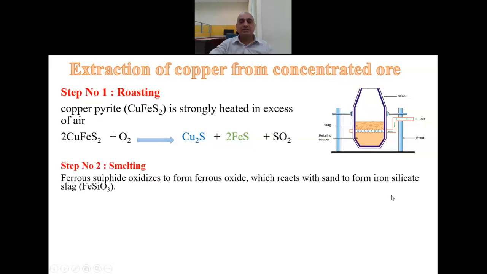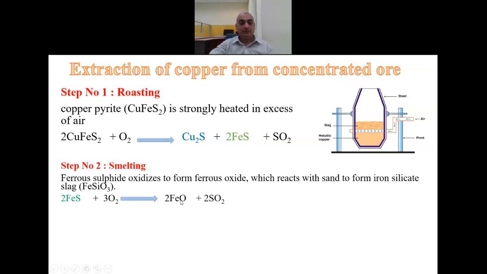So in this process, you can see here in the previous process, we have two things: cuprous sulfide and ferrous sulfide. So in this step number 2, we can remove these unwanted particles of iron, ferrous sulfide, from the ore.